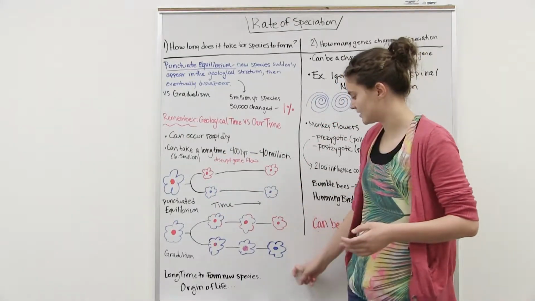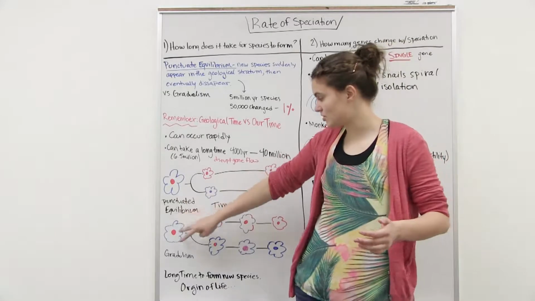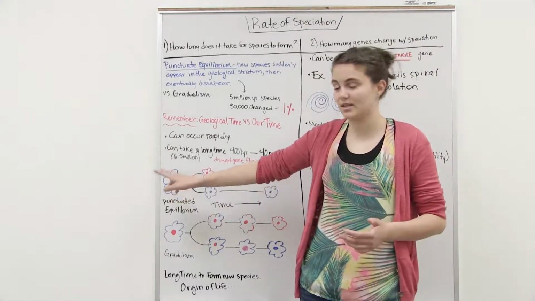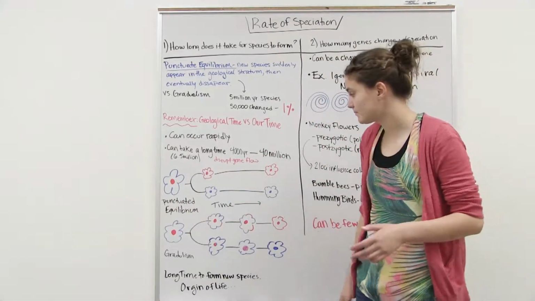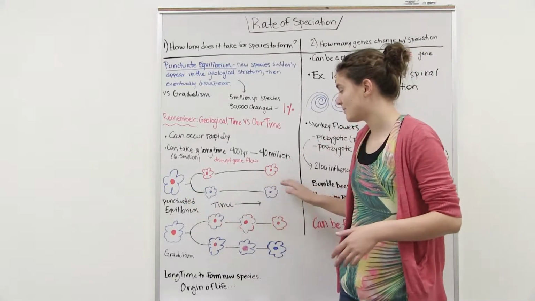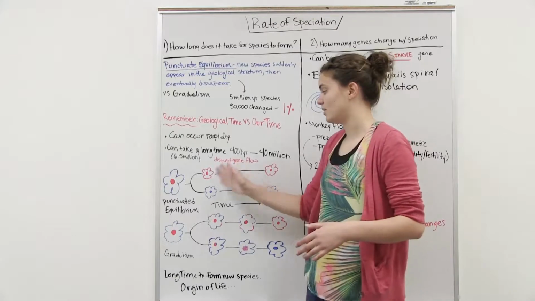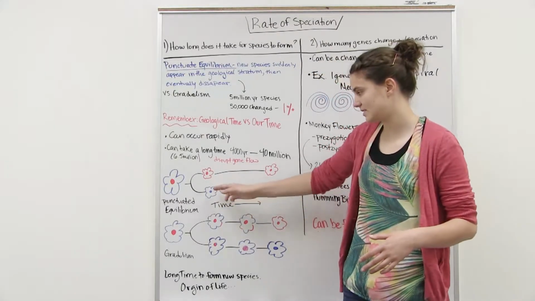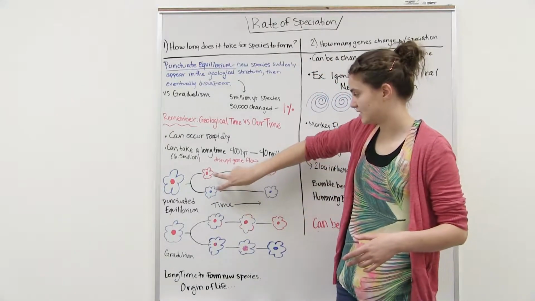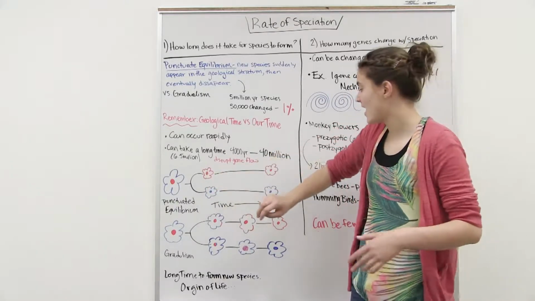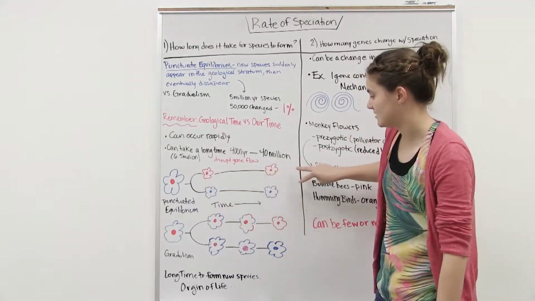So if we look down here at this example, we have this one species of flower. It has a red center and blue petals. If speciation was to happen by punctuated equilibrium, then when we look at one rock strata, we would all of a sudden see two very different species of the flower, and then throughout time they kind of stay the same.